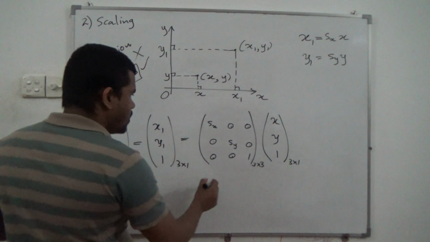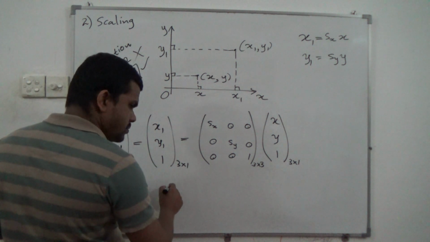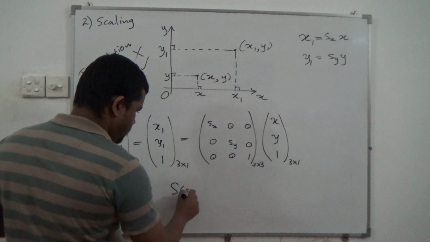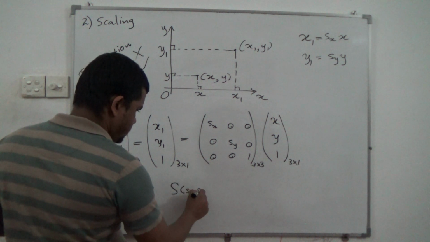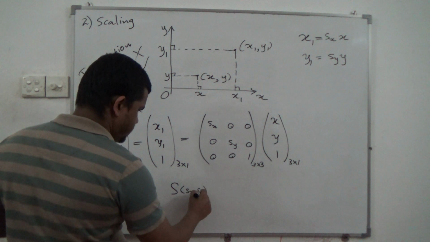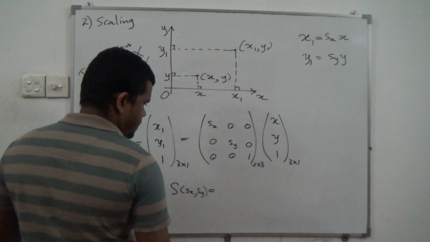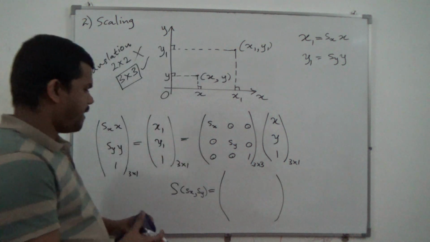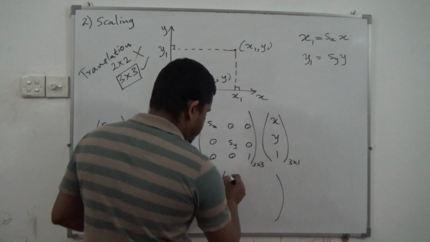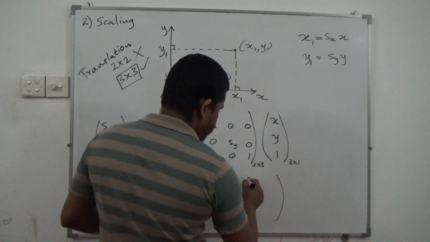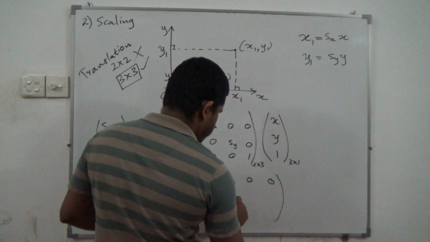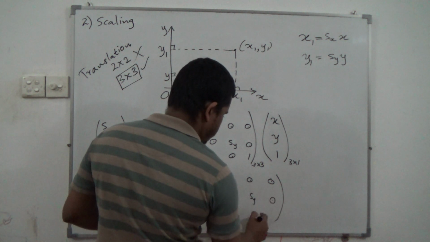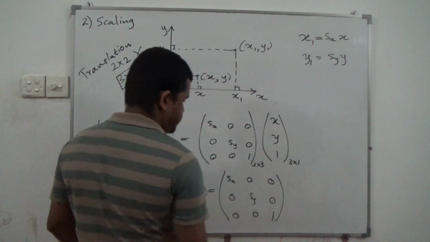Now we could find a 3 by 3 matrix. Therefore, we name this matrix capital S, simple Sx, simple Sy: Sx 0 0, 0 Sy 0, 0 0 1.